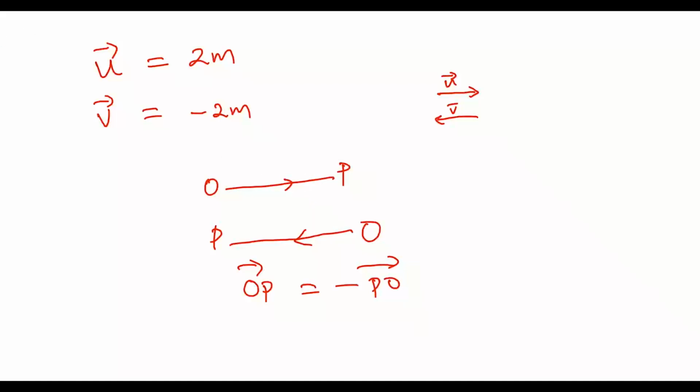Another type of vector you should be used to is co-initial vectors. Two or more vectors are said to be co-initial if they have the same initial point. Take for instance, you have these vectors 1, 2, and 3, like this, and they are all moving from the fixed point or the initial point.